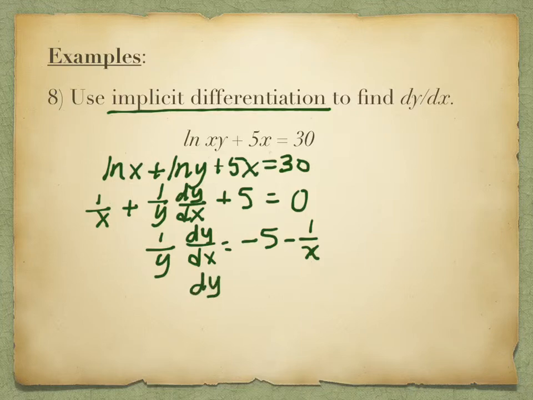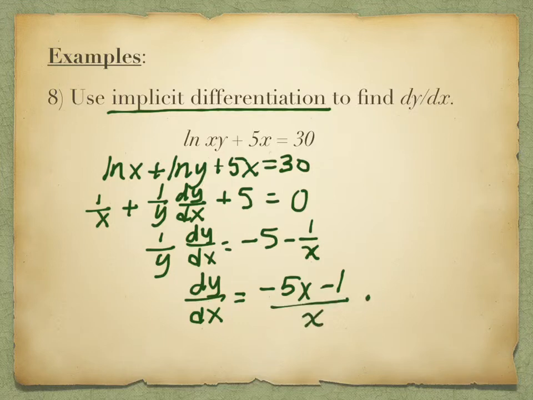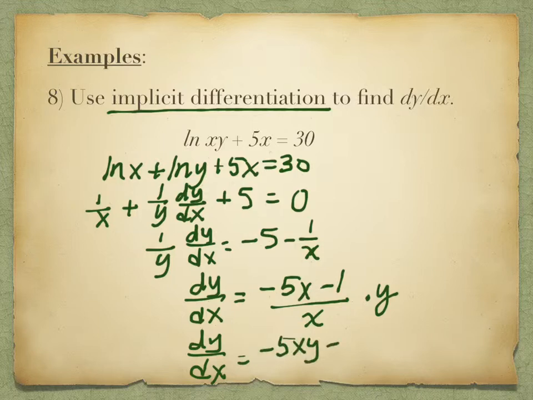So this is dy/dx, and I have -5 - 1/x, and I need a common denominator here as well. So this is (-5x - 1), or you could write (-1 - 5x), over x, and it's supposed to be multiplied then by y. So I end up with dy/dx = (-5xy - y)/x.